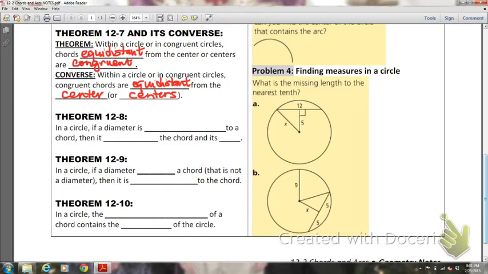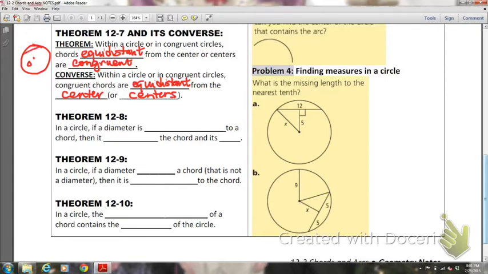So in this diagram, got a circle, got our circle O again, and if we have chords that are equidistant, how do we draw that?